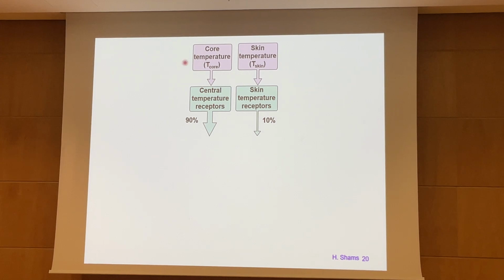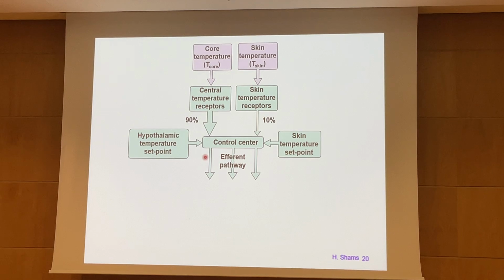And the signals from these receptors are sent to a control center. The control center gets the information from these receptors: 90% coming from central, and 10% from peripheral skin receptors.